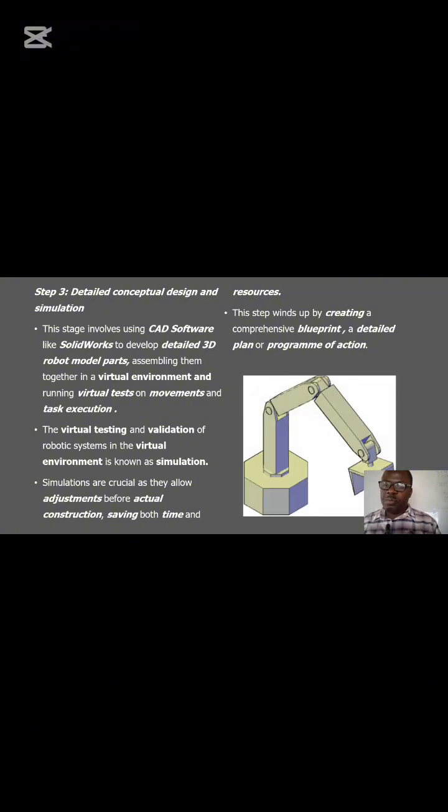The visual testing and validation of a robotic system in the virtual environment is known as simulation. Simulations are crucial as they allow adjustments before the actual robot is constructed, saving on time and resources. This step winds up by creating a comprehensive blueprint, a detailed plan, or a program of action.